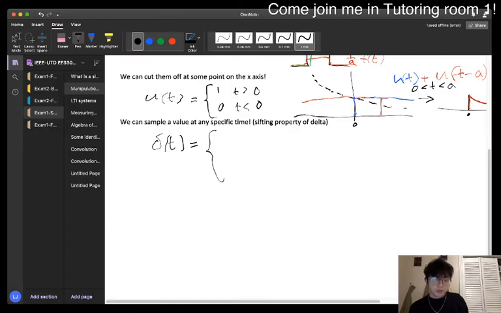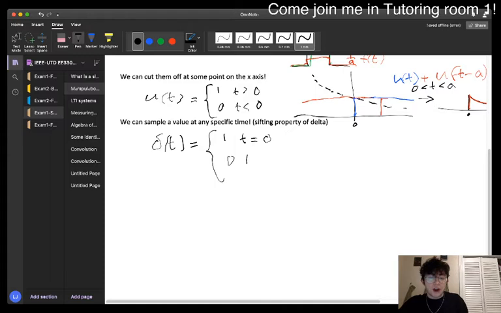There are a lot of different definitions that people will give for this. Some people will say at 0 it's undefined, so they would write an infinity symbol here. They might say it's some limit of this rectangle function, and that's all well and good.